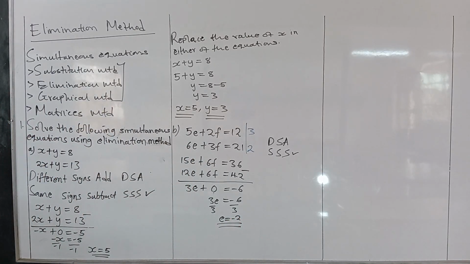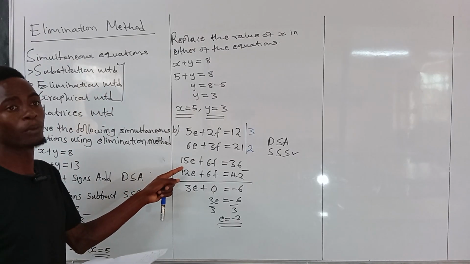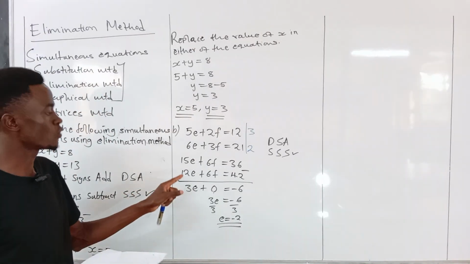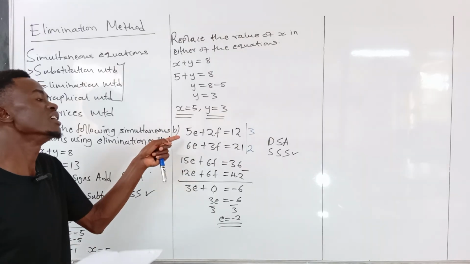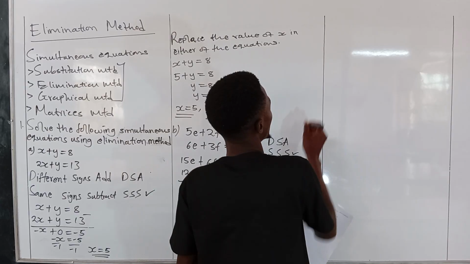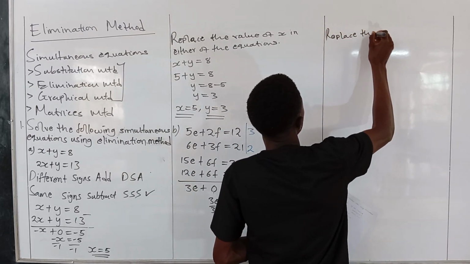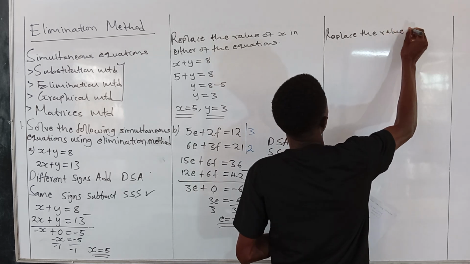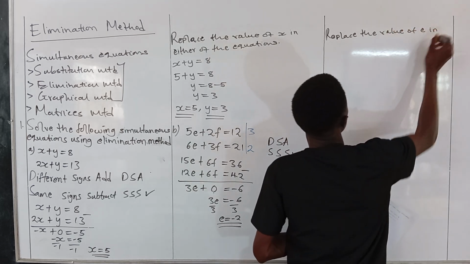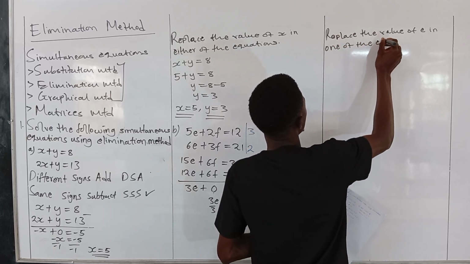If e is negative 2, then it means that we can now replace it in either of the equations we had. And when replacing it, you do not replace in the redefined equations. You replace them in the initial equations that we had begun with. So replace the value of e in one of the equations.